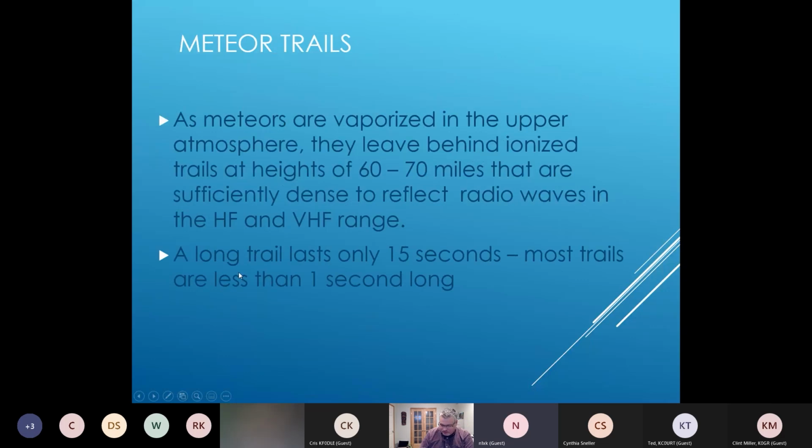Now, what's important here is that a really long trail lasts 15 seconds, and most of them are much, much shorter, much less than 1 second. These short trails mean that any communication we use has to be sent in really short bursts to match that time frame.